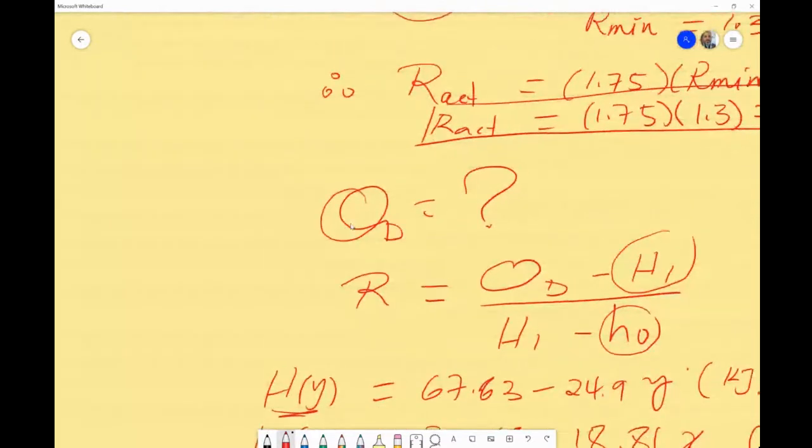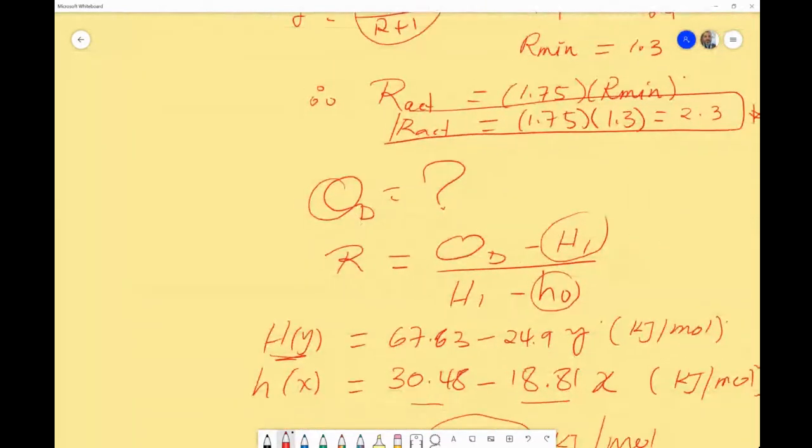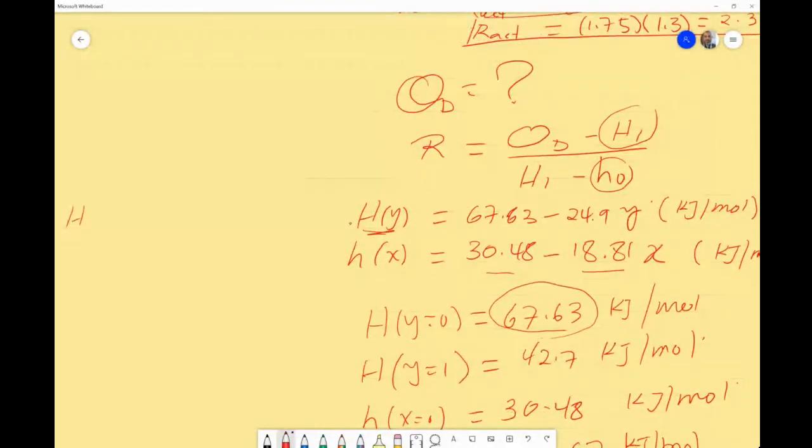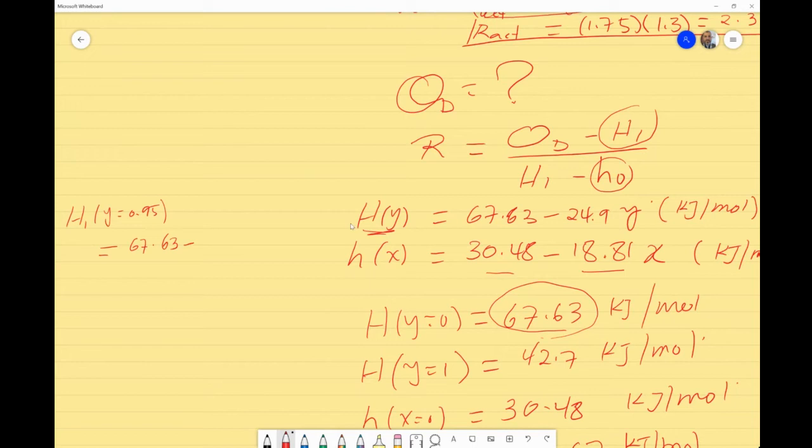I say H1 now is at Y equal to 0.95, is equal to 67 minus 24.9 multiplied by 0.95.